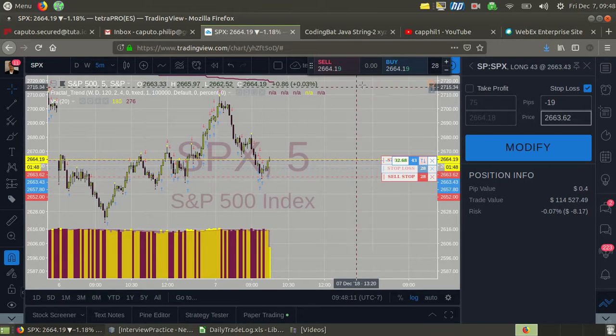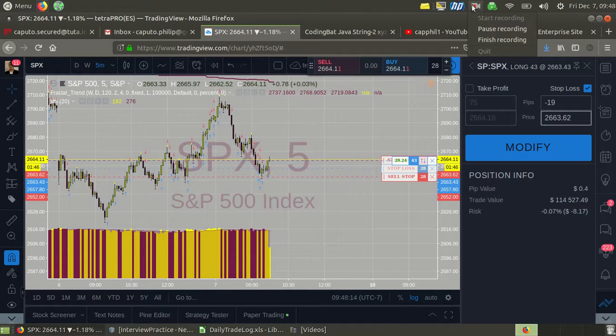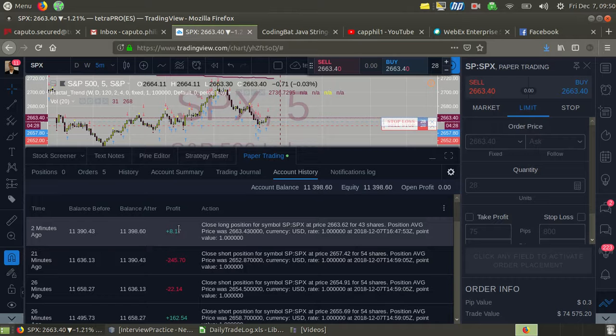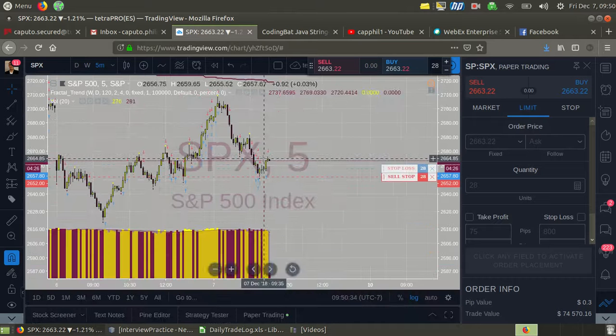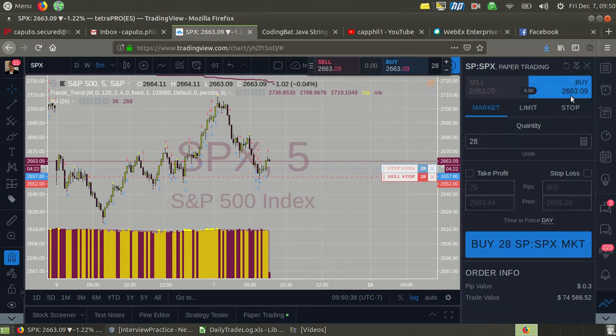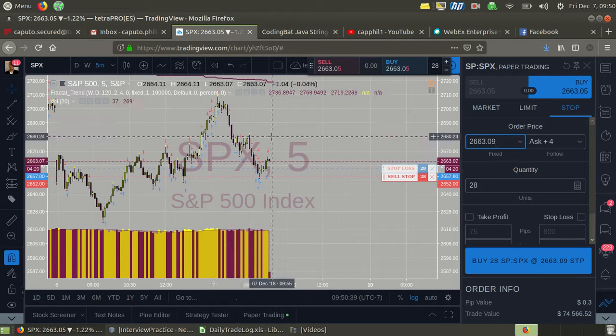So we'll just wait and see what the market tells us. Okay, so I got stopped out with a minimum profit, $8, which means we're going to go ahead and open up our new buy stop order at the high of this candle right there. So that's 26.65. So 26.66 will do.